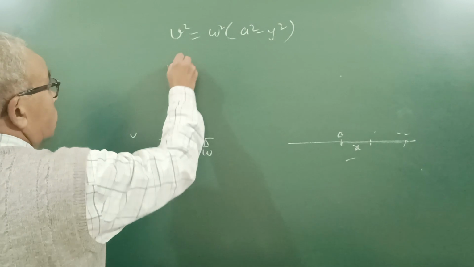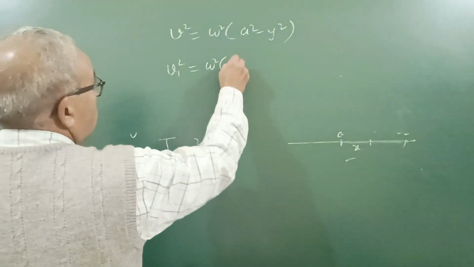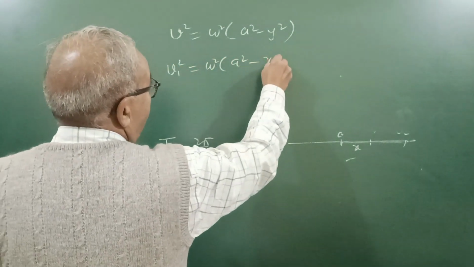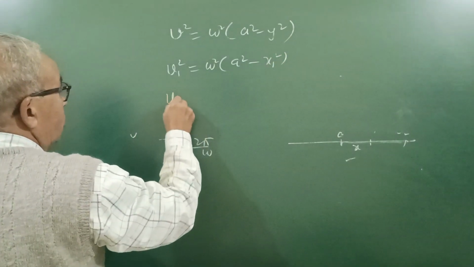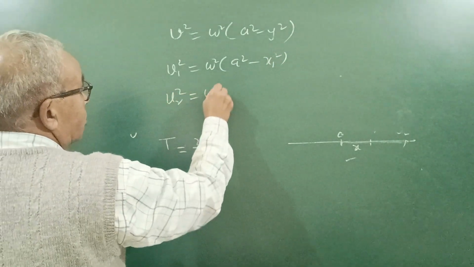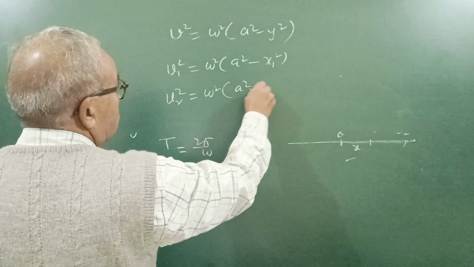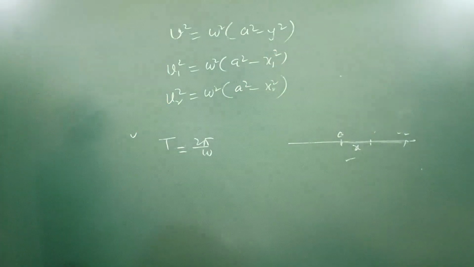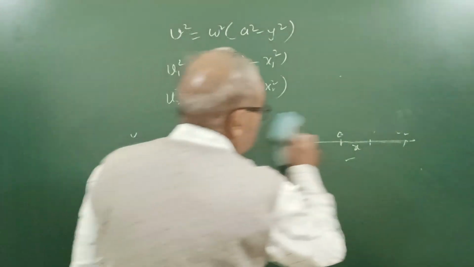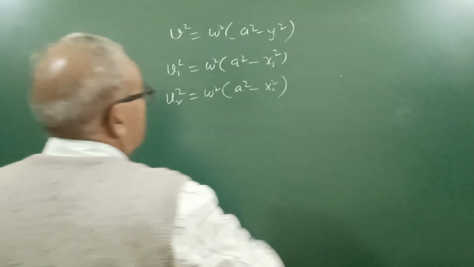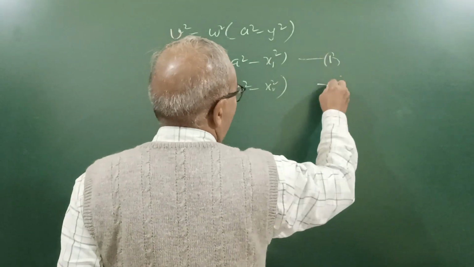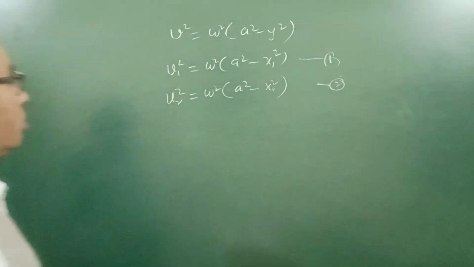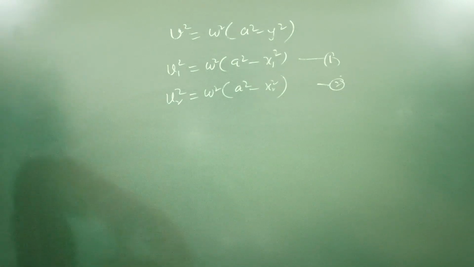So v1 square equal to omega square into a square minus x1 square, and v2 square equal to omega square into a square minus x2 square. From these two equations, how to obtain omega? This is equation 1, this is 2. So subtract equation 2 from 1.